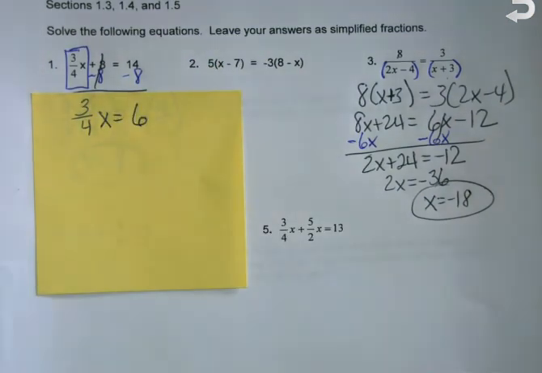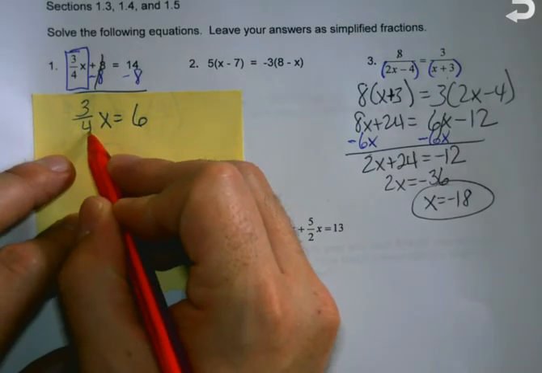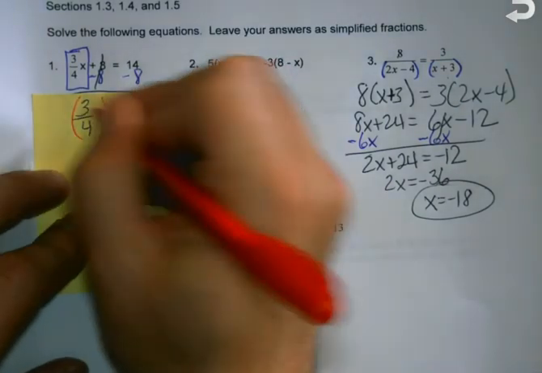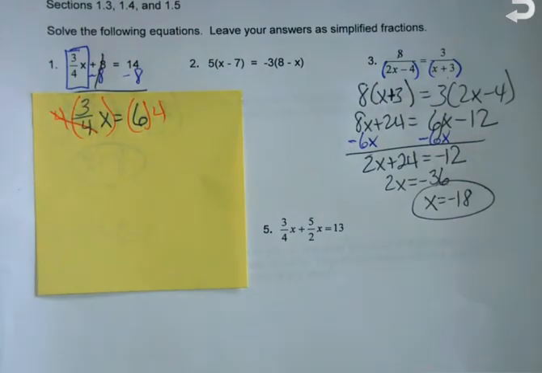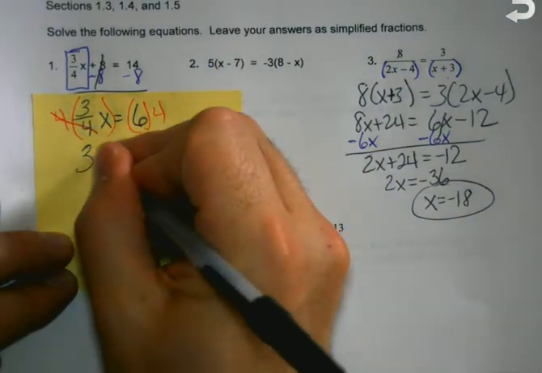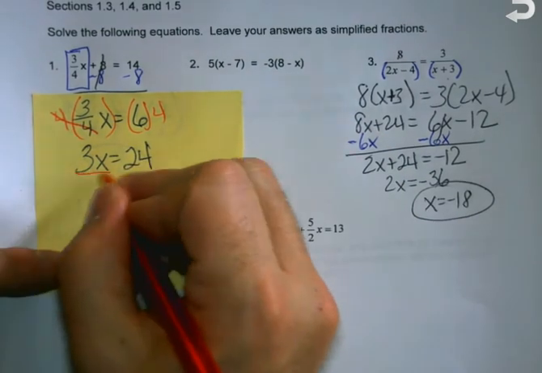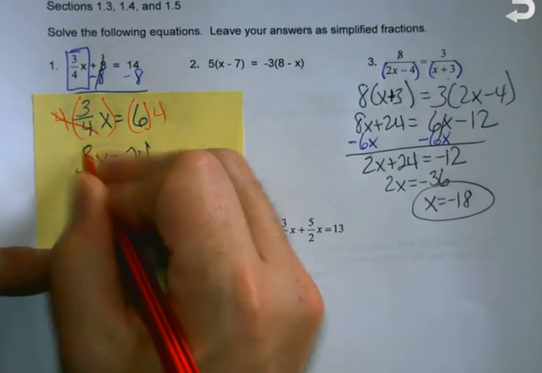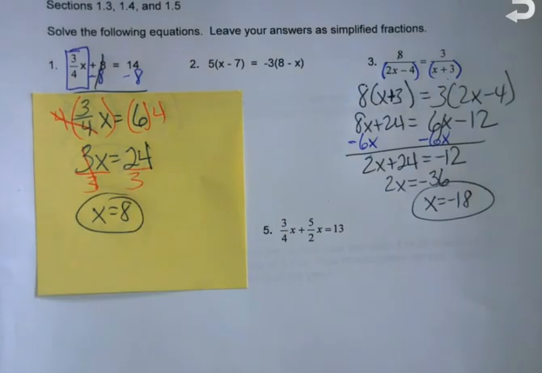But if you wanted to slow things down a little bit, we always could get rid of the fraction part first and just multiply by the 4, which would take care of this. And then just divide by the 3. So I'm doing the same thing as I do with the reciprocal. I'm just taking one extra step to slow things down a little bit. And that's fine.